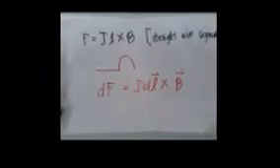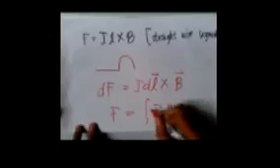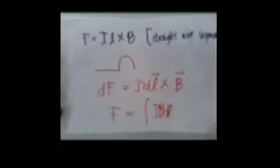So the infinitesimal force dF on each segment is equal to I dL cross B. So this is the magnetic force on an infinitesimal wire section. So F is equal to the integral of I dL cross B. This is the general expression for the magnetic force on any wire segment.